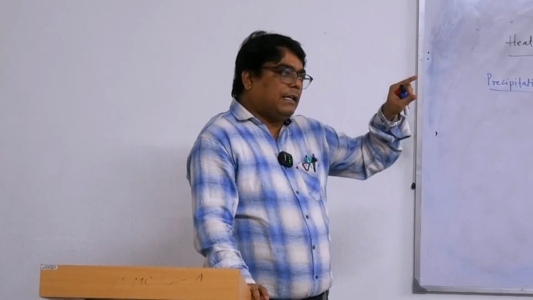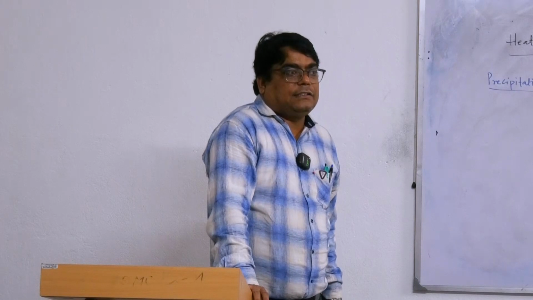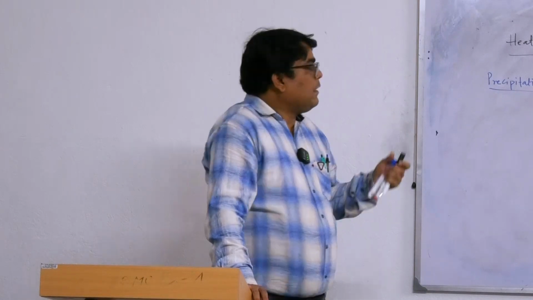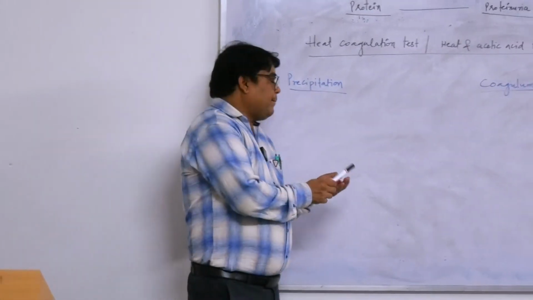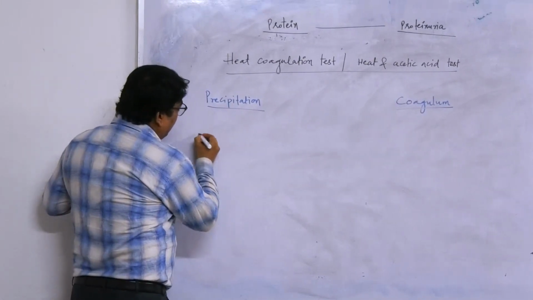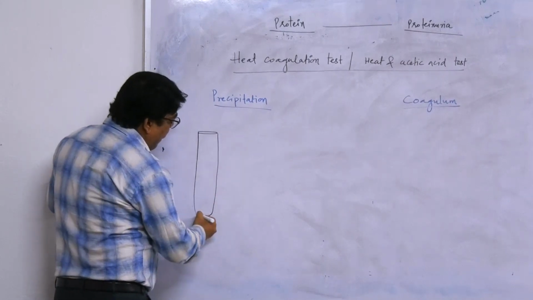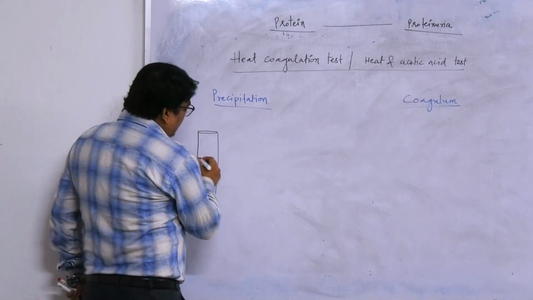Sodium makes coagulum with the water, calcium makes molecules with the water, and this condition is known as salting out. And due to this, they form hydration of the cells. Okay, so what is precipitate? Precipitate, you understand? Just simply, this is our test tube. Okay, and this is the solution.